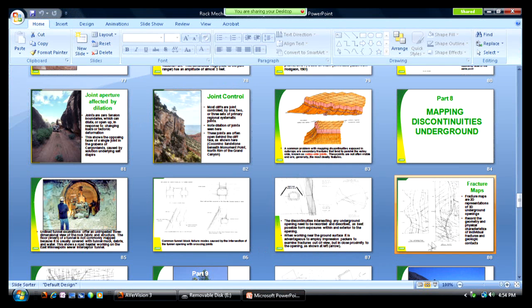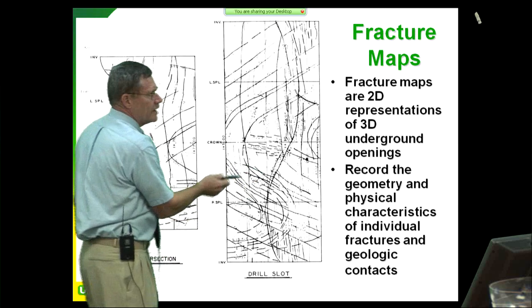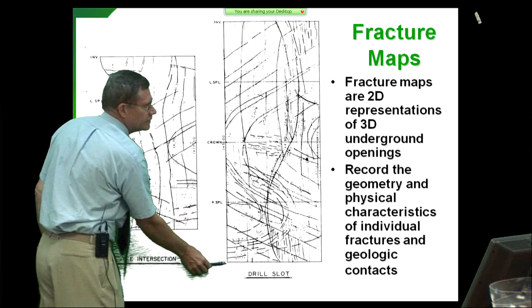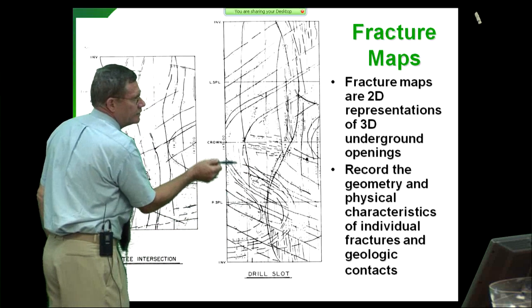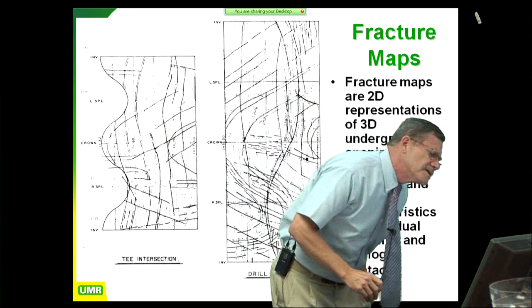So if we go back and look at my section, what you see here, he doesn't have me back on yet. There we go. What you see here is stationing. So these are 100 feet apart. Nope, the stations are on the bottom.